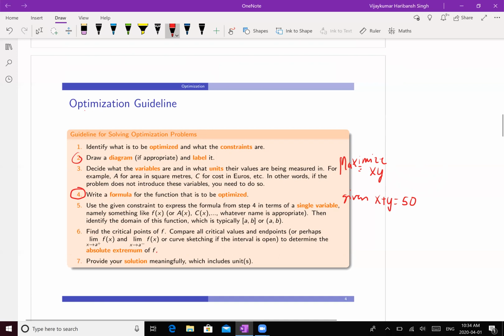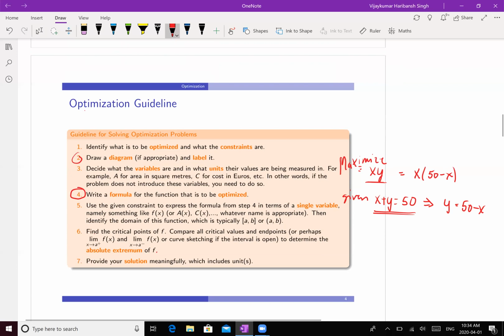Here, of course, you're not drawing any diagram. You want to maximize xy. In this case, you're given two variables, but the constraint, x plus y equals 50, helps you to make it a function of one variable. Why is that? Because this is the same as saying y equals 50 minus x. And when you put it back here, you get x times (50 minus x).